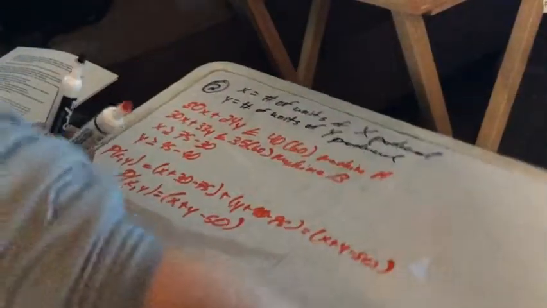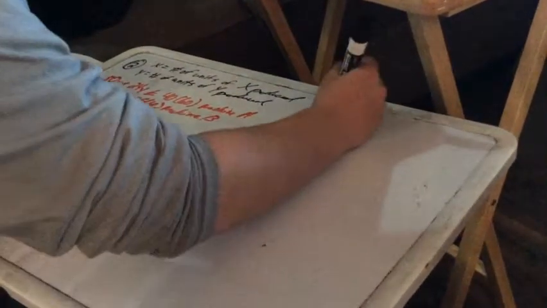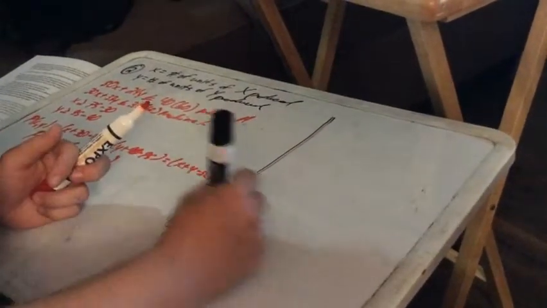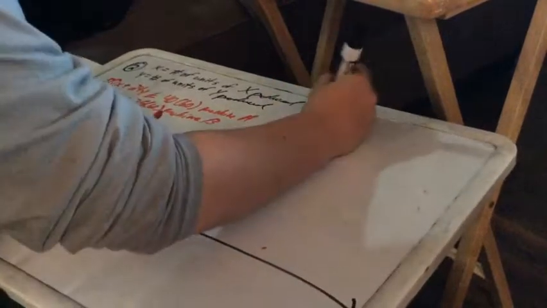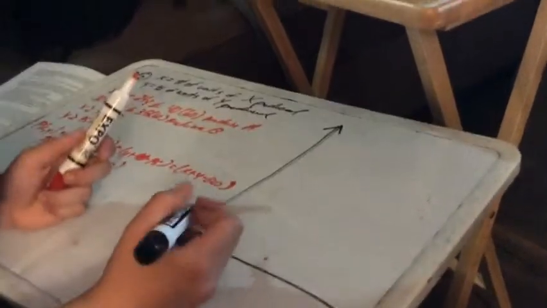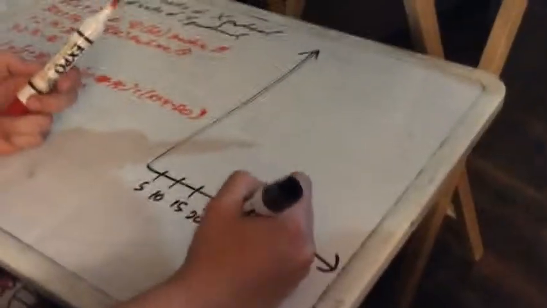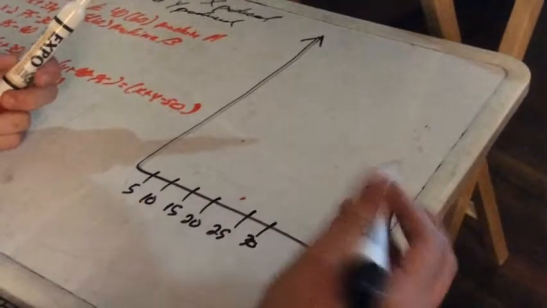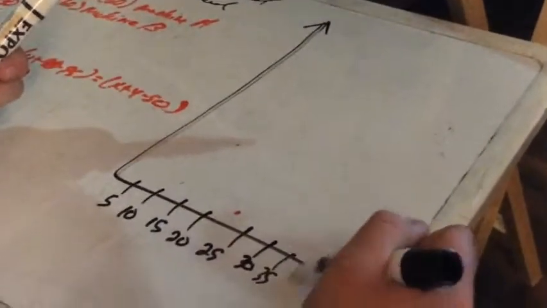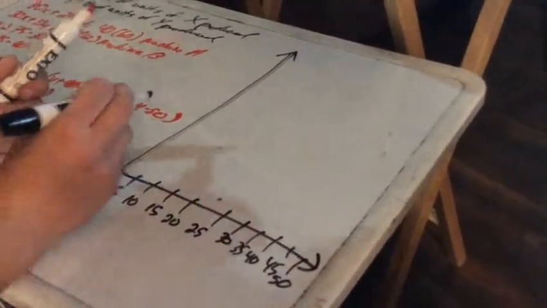And now we're going to graph it. I'm going to go by 5s this time. And 10s on this one.